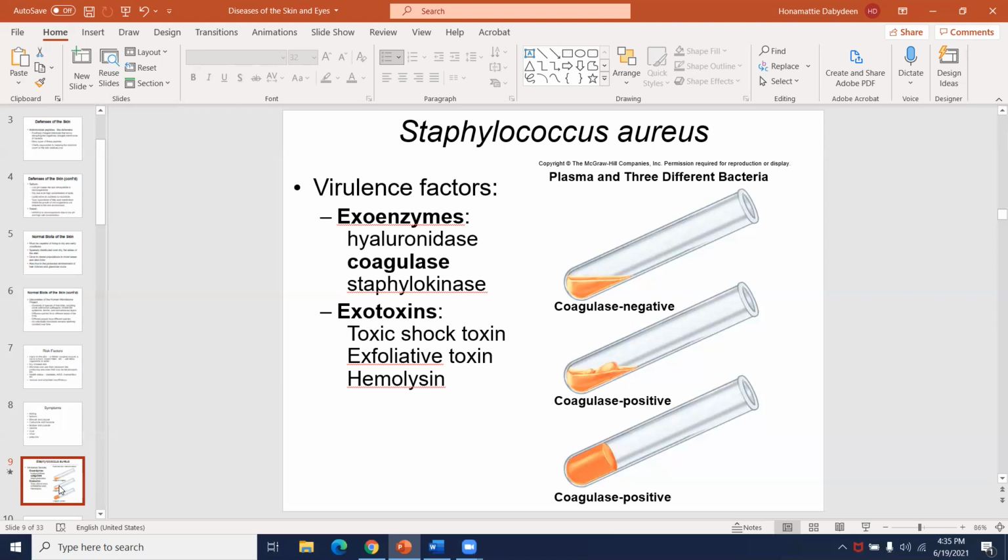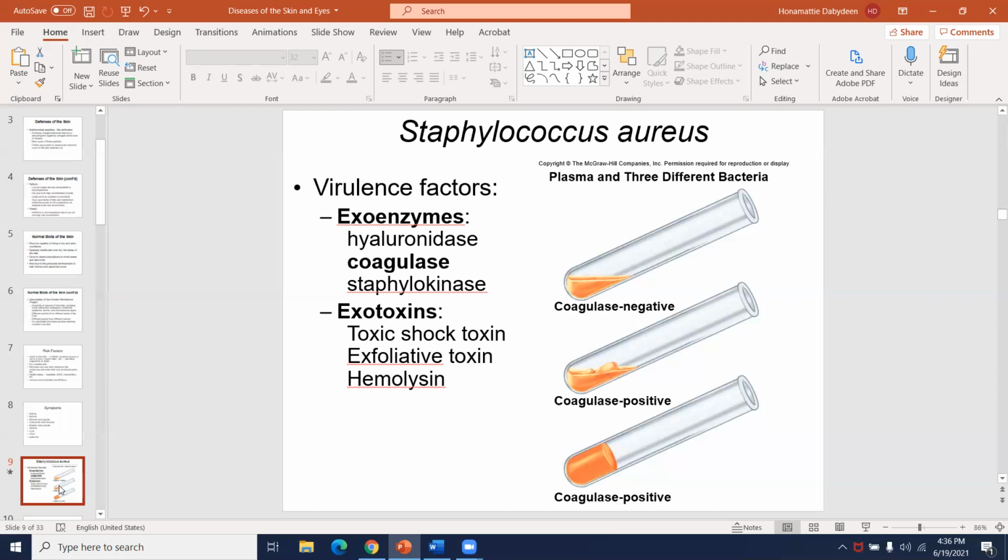The other thing we talked about was enterotoxin. Remember when we were doing the gastrointestinal diseases, I mentioned that you don't just have to contaminate yourself with microorganisms, but you can actually ingest the toxins. And Staphylococcus produces a powerful enterotoxin also. And then you have other things like hemolysins.